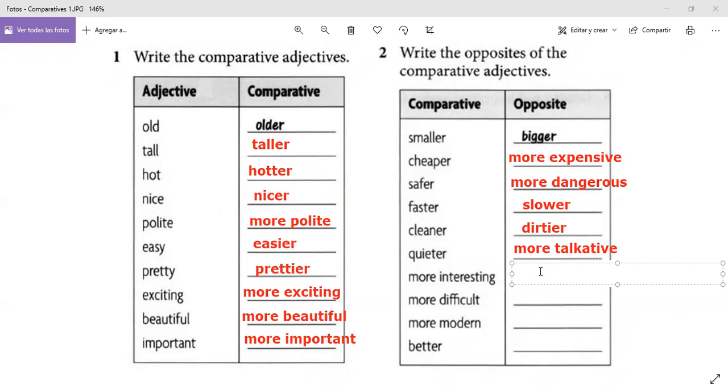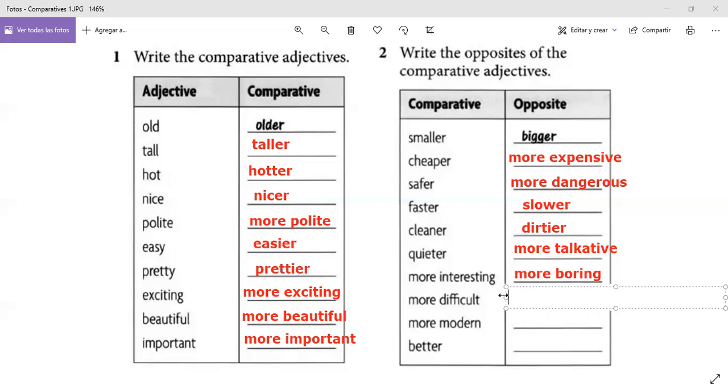Or you can say more boring. Okay, boring. More difficult.